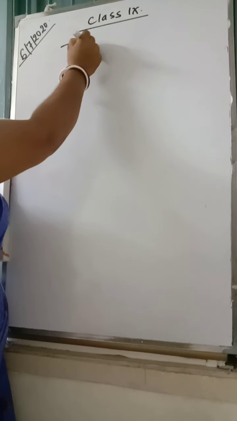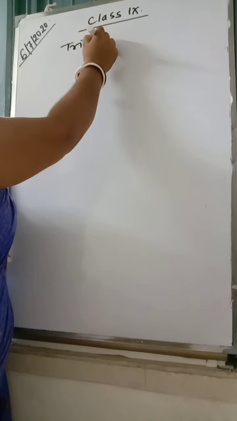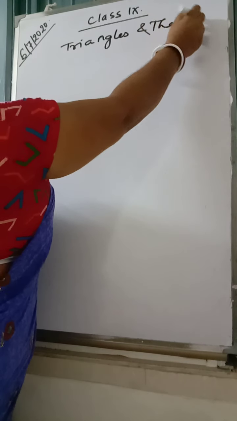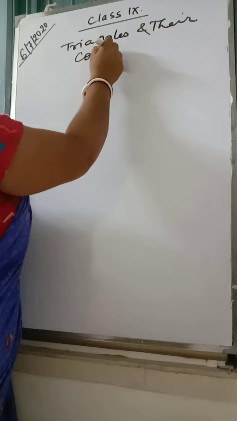Now, first of all, you know there are 6 types of triangles, and their congruency.